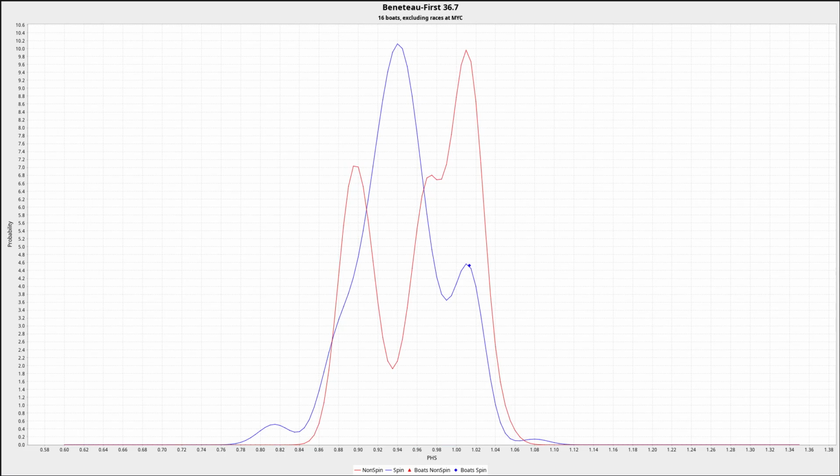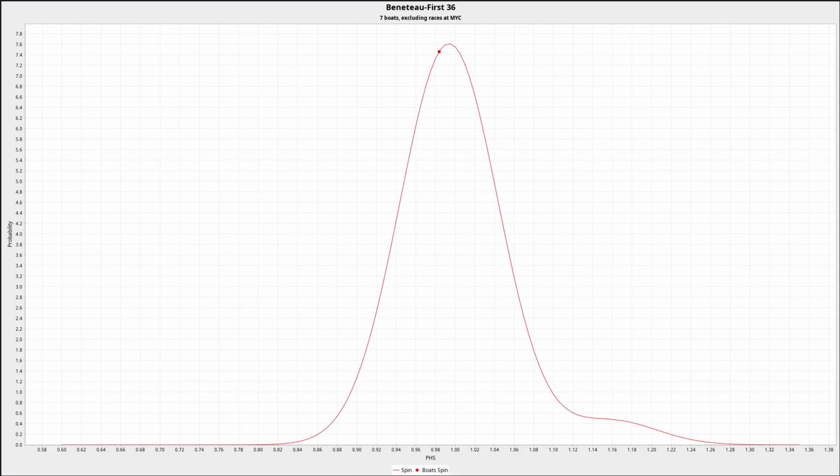First 36.7. Here you can see the non-spinnaker has 2 peaks, and one of the peaks is around 1. So that's probably some club allocating around 1 for this boat rather than what the boat should do, which makes the database a little bit inconsistent, but you can detect it by looking at these sorts of charts.